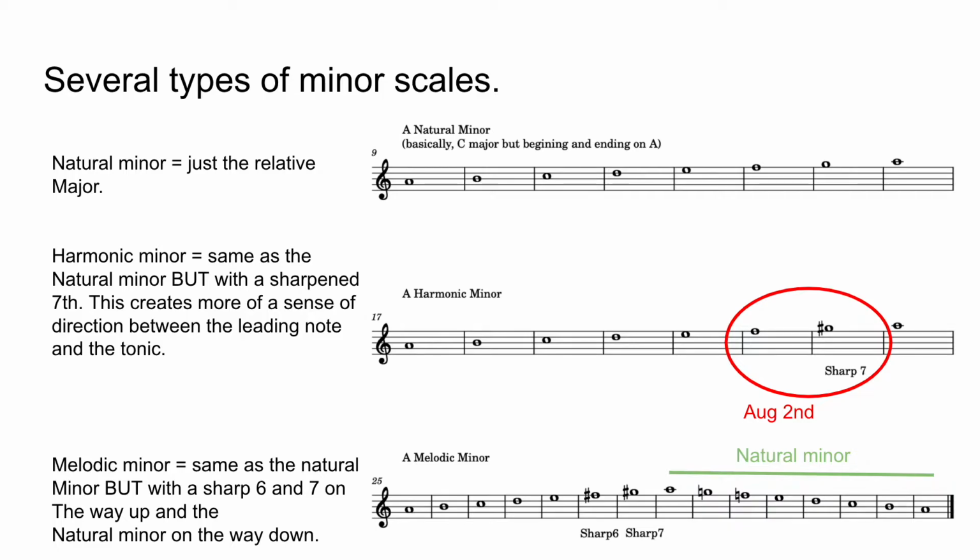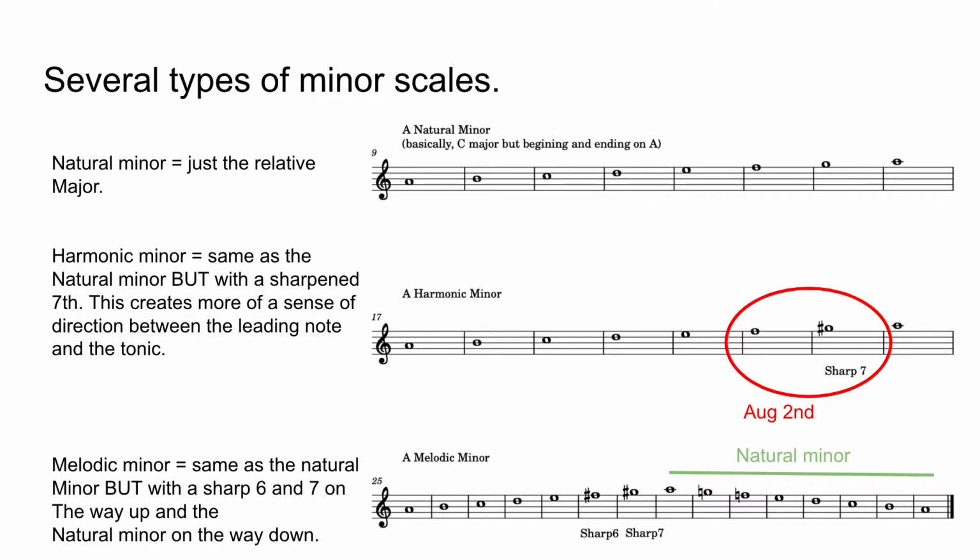But you might have noticed that the natural minor scale might have felt a little bit bland, or a little bit lacking in direction when compared to the major scale, and that's because we don't get the semitone gap between the seventh step and the tonic, between the leading note and the tonic. We lack that semitone which gives us that pull towards the tonic that we get in a major scale.